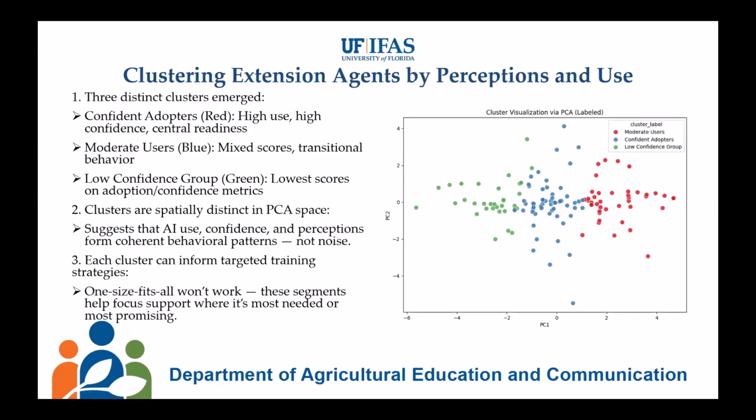So our strategy is basically we're gonna reach out to confident users, and then they can be influencing the moderate users, and then moderate users can also work for the low confidence group. So basically, one size fits all won't work in this AI adoption. So these segments help focus support where it's most needed or most promising.